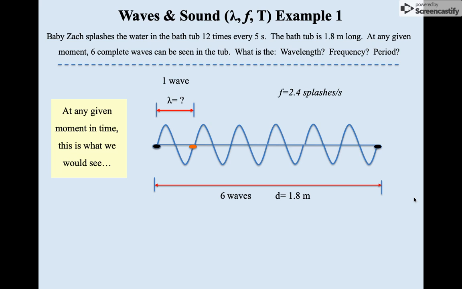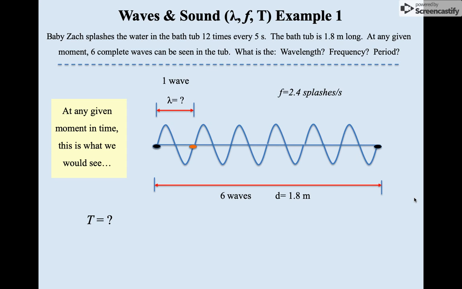So you see in the upper right that I've included that, because now we're solving for period. If that frequency is helpful, then we will use it. Remember, the period is the time from the beginning of one wave cycle to the beginning of the next wave cycle.